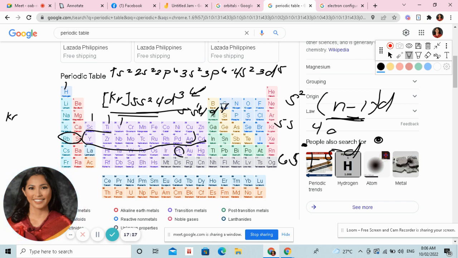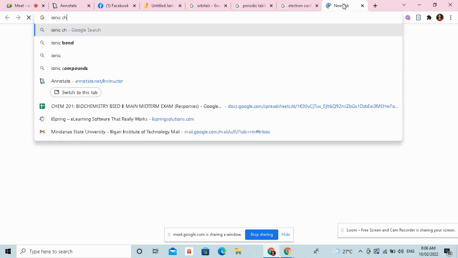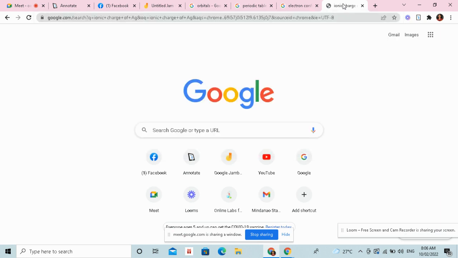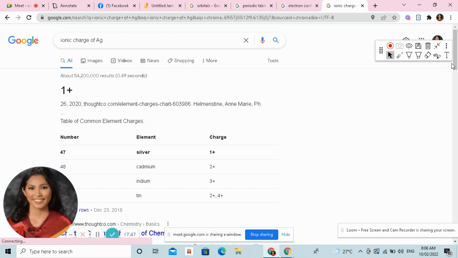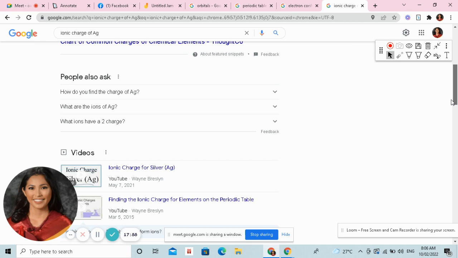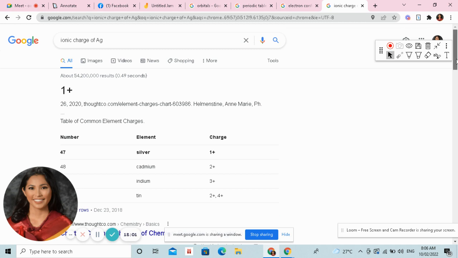So that's why the ionic charge, we have positive 1 only. Silver, Ag.